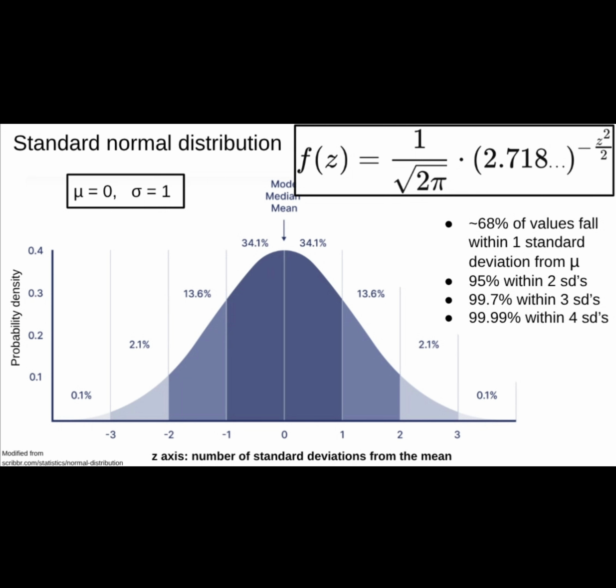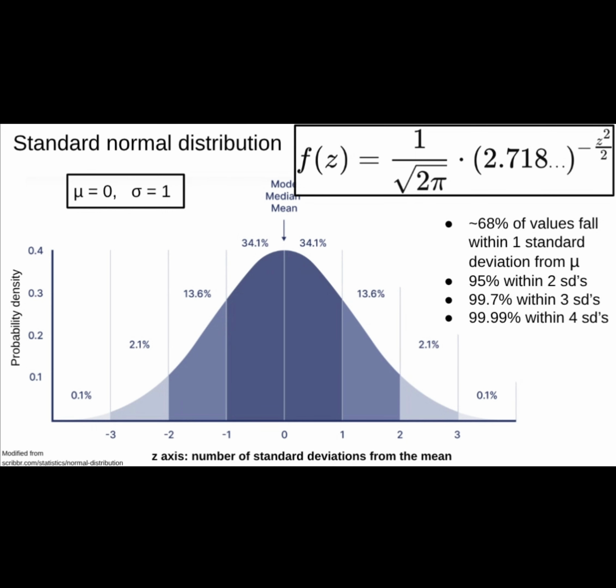Because all of this is true for all normal distributions, not in terms of their x values, but in terms of how far away their standard deviation is from their mean. If you think of the 0 in this graph not as 0, but as the mean, and of all z-values as how many standard deviations they are from the mean, then all these facts about the areas are true for every normal distribution.